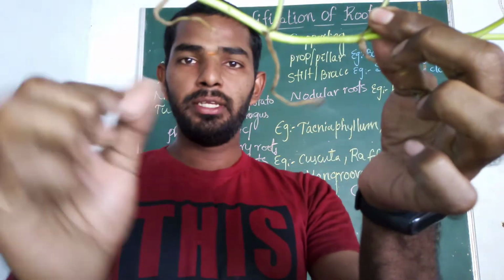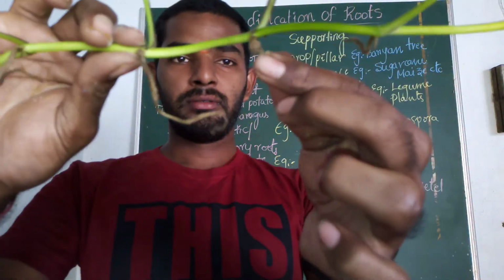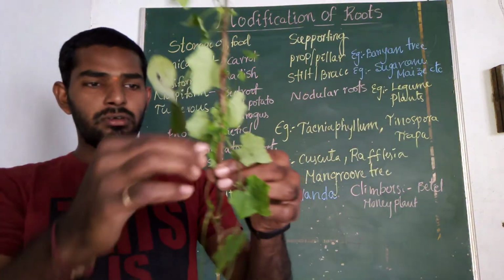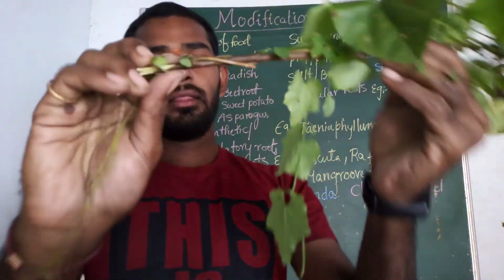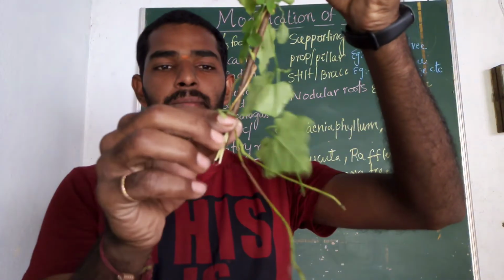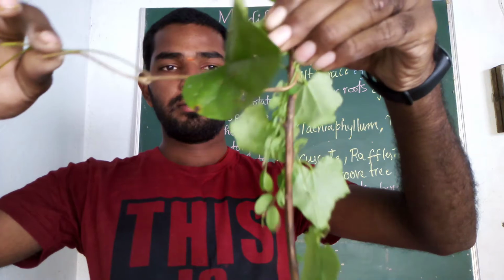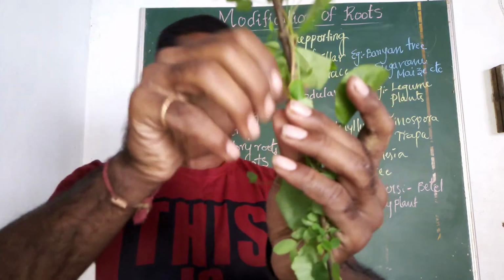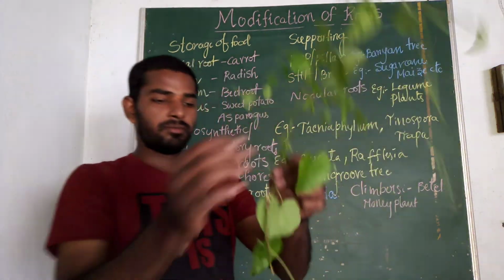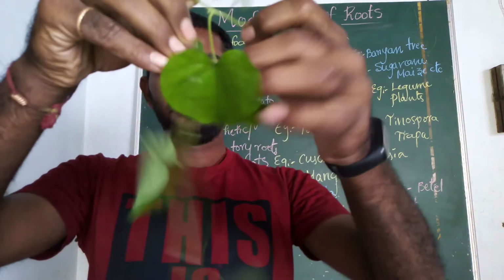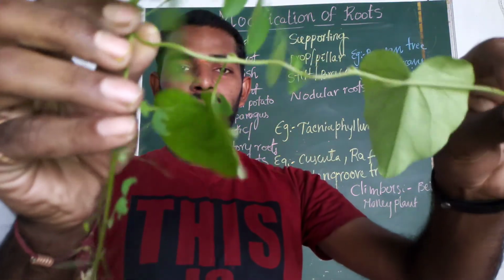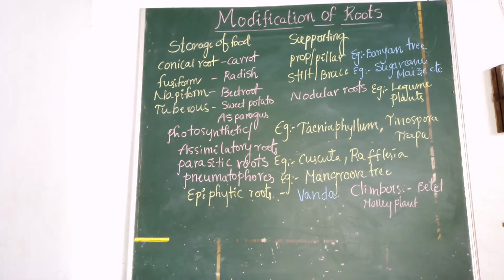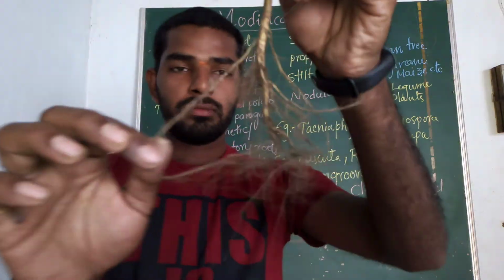You can see the roots here. This is a climber. For easy understanding, I am showing a climber. This is a climber, and this is another plant, the host plant. And if you see the roots, actually this is a normal root.